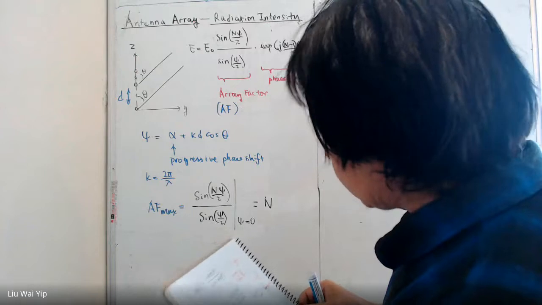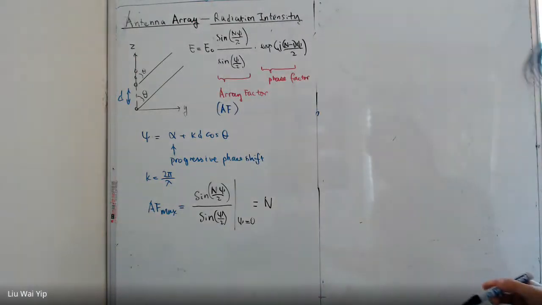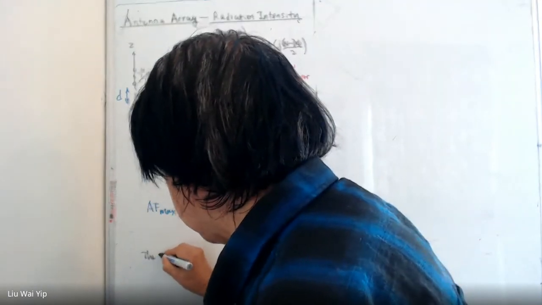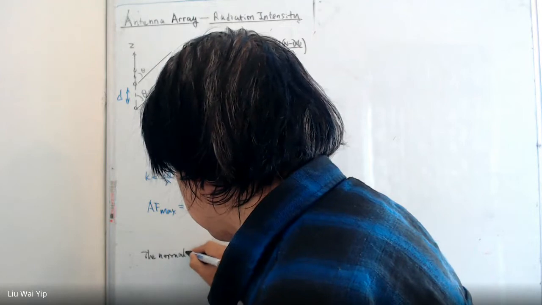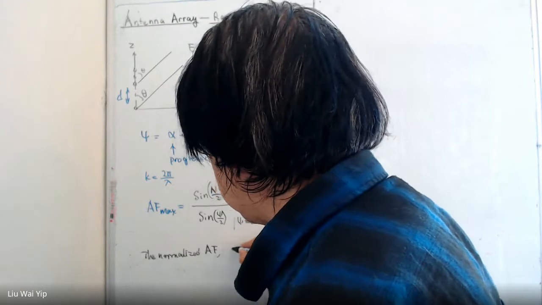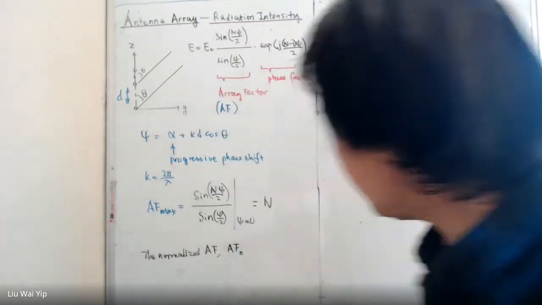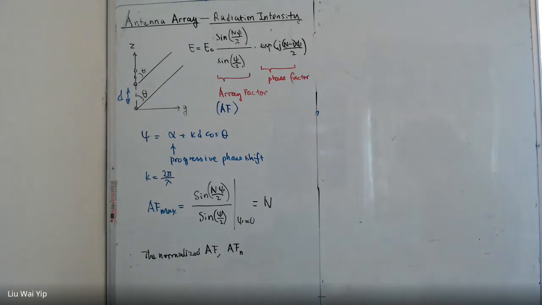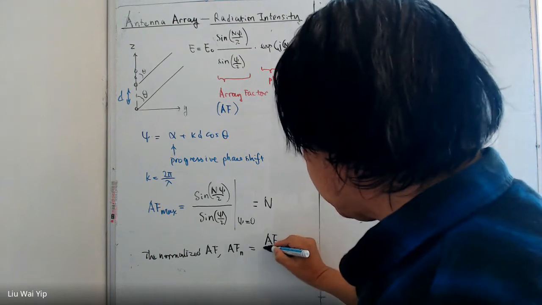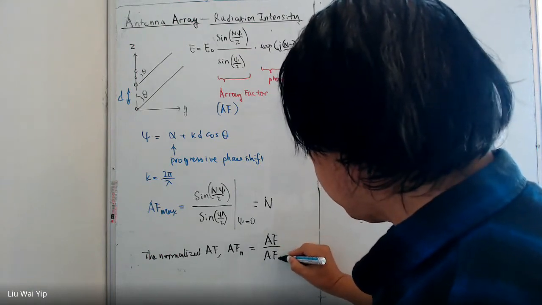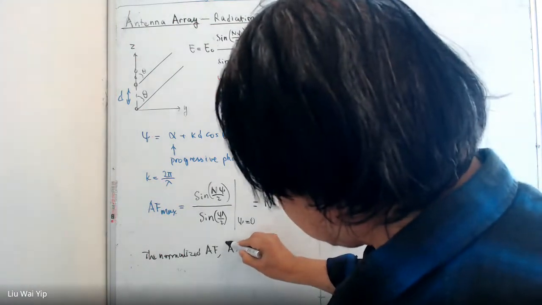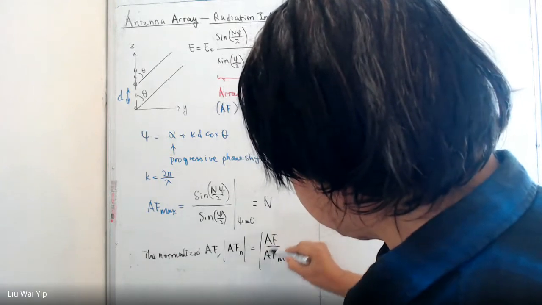Now, the next thing that we are looking at is the normalized array factor. The normalized array factor, AF with a subscript N, is equal to the array factor AF divided by AF maximum. And do not forget that you have to take the absolute value.